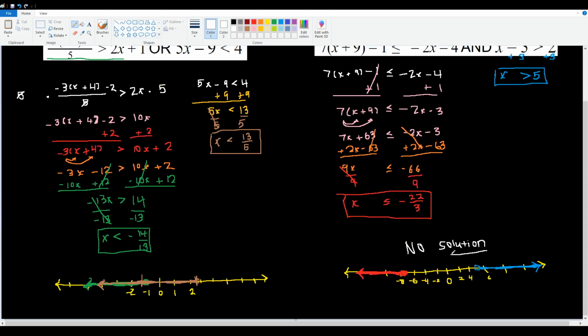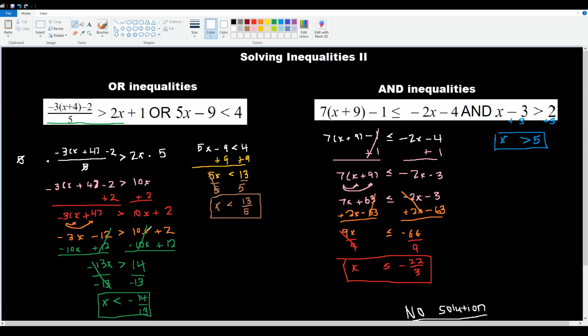So the final answer for this and inequality is no solution. We did all of that just to get no solution.